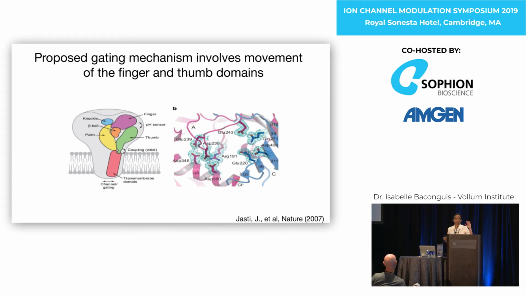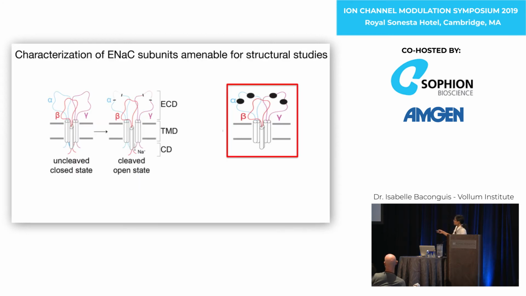So hence, they believe that a lot of the proton sensing is occurring there, and that movement of this particular region is the crucial part of the gating of the ion channel. So based on that, what we were thinking is that perhaps the protease-sensitive region of ENaC would be near those primary gating domains. But in order to really understand that, you have to solve the structure.